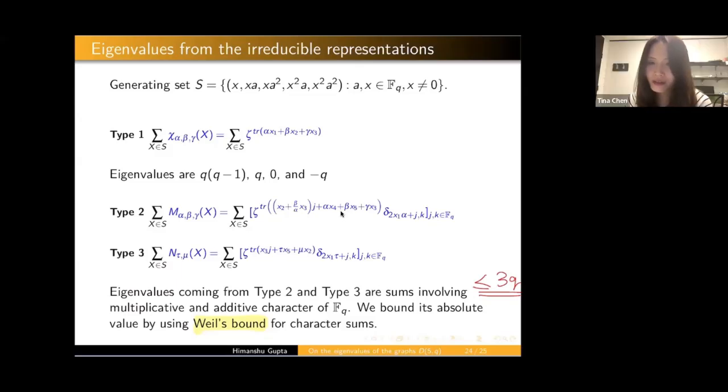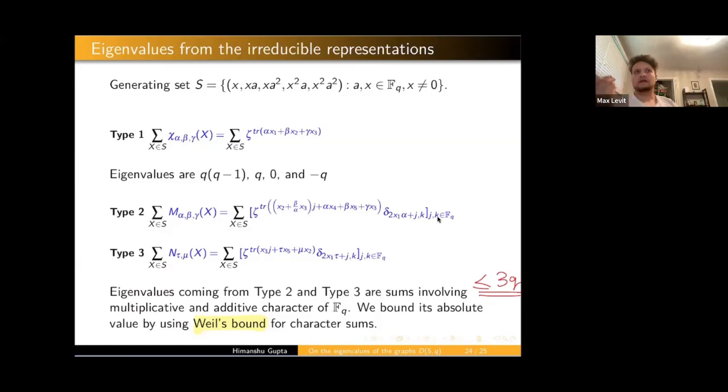Any other questions? I have one. Thanks, Himanshu. I was wondering if you know anything about the relationship between the group that you're using to build your Cayley graph for the point graph in this case, and the groups in the previous papers, like the Williford, Sun, Morehouse paper?